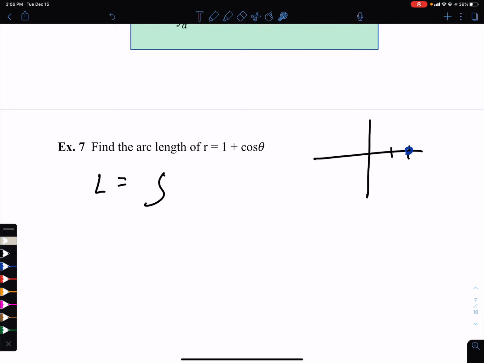Well, to get to 0, this has to be negative 1, and that's going to happen at, my brain's not working, at pi. So when you get to the angle pi, this is finally going to reach 0. And so it's going to slowly decrease, get to 0.